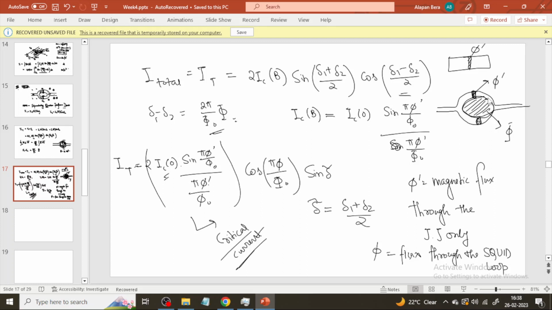But when we use it as a SQUID loop, we can see that phi, the flux through the SQUID loop, is very high compared to phi prime. So that is why this term is now significant. Although in the presence of a magnetic field the current through the Josephson junction is not modulated too much, the interference current, the total current through the SQUID loop, gets modified due to this term, because phi has a significant value.